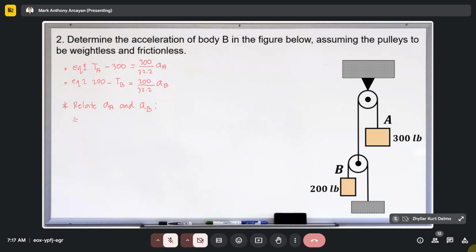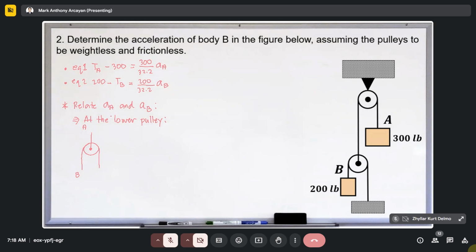Now, we will focus on the lower pulley, no? At the lower pulley, class, this is our lower pulley, and this pulley is being suspended by this rope, no, that connects our block A. At the same time, there is a suspended rope that connects our B. Okay.